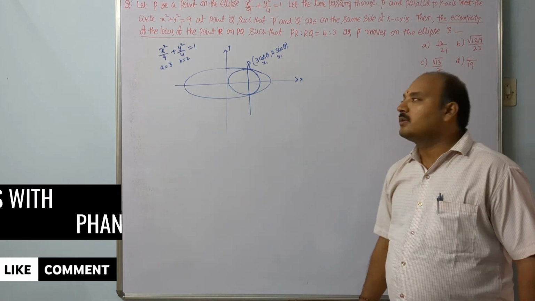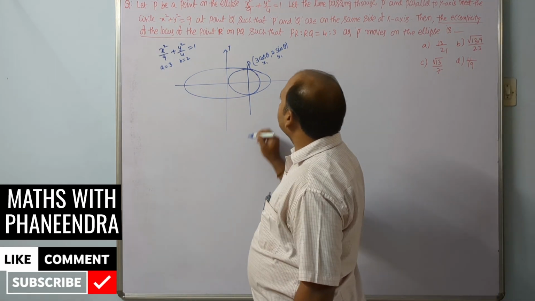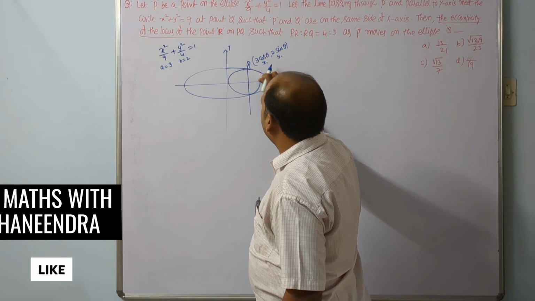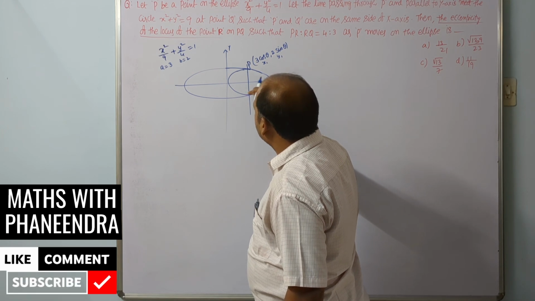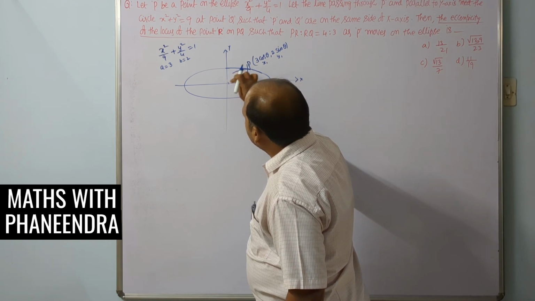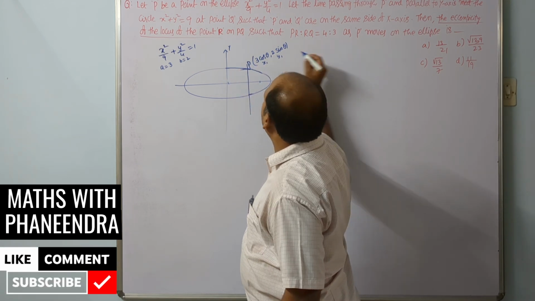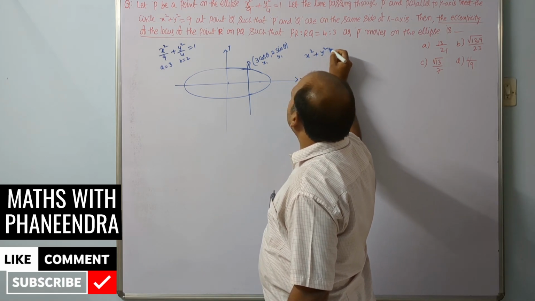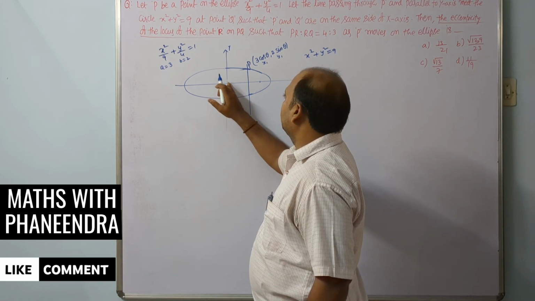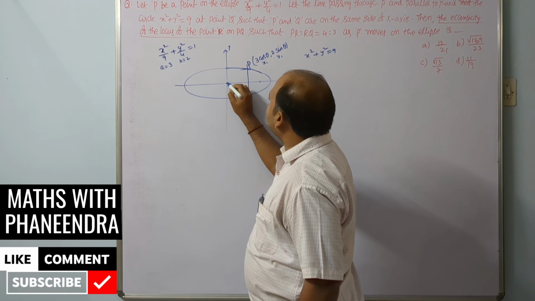For the circle equation x square plus y square equal to 9, the center is 0, 0.